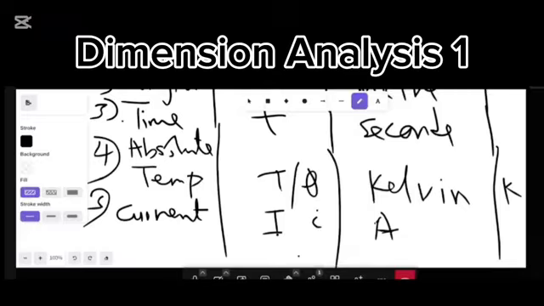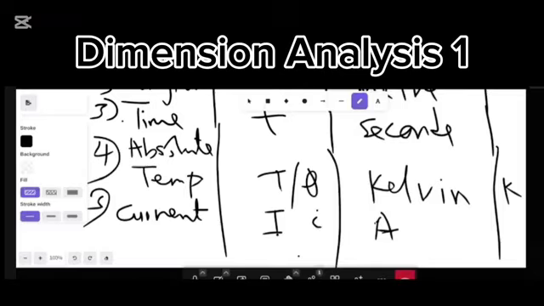Okay, and then the 6th one of the fundamental or base quantities is luminous intensity. It's a fundamental quantity.